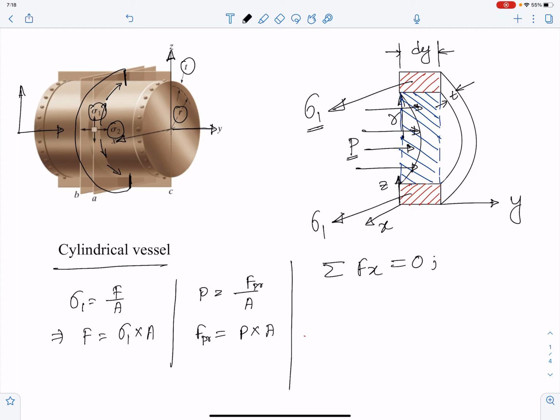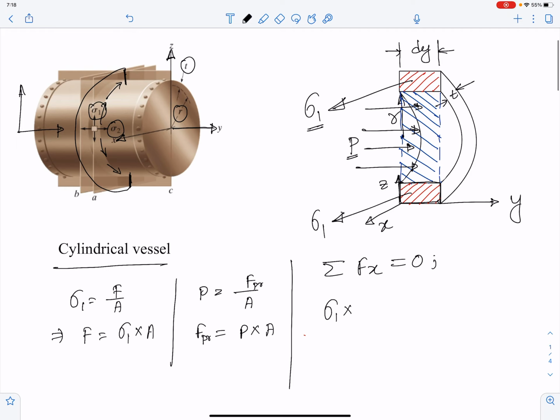I'm doing the force balance in the x direction. It would be the force due to that stress, sigma 1 times the area. The area of this small section is nothing but dy times t, or t times dy.